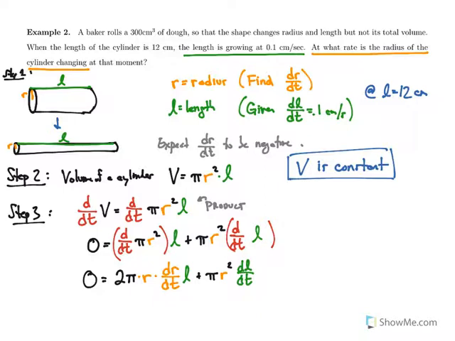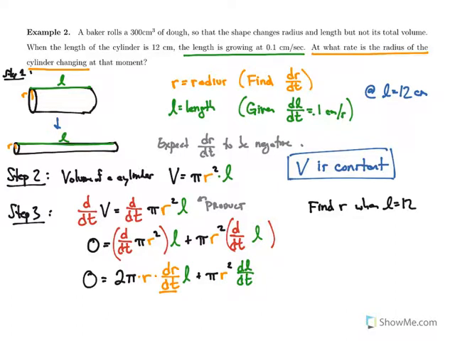And note that we are trying to find dR/dt. So let's plug everything in. We know that L is equal to 12 centimeters. We also need to have R. We have dL/dt is 0.1 centimeters per second. We need to find R real quick. So you need to find R when L is equal to 12.